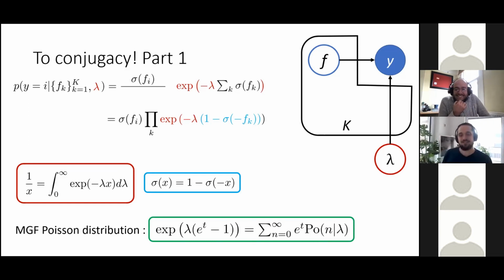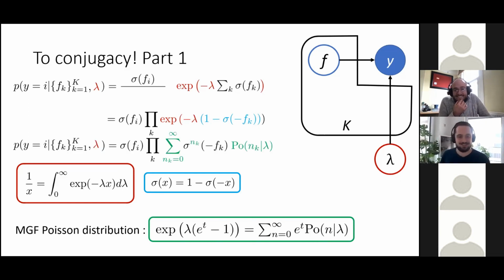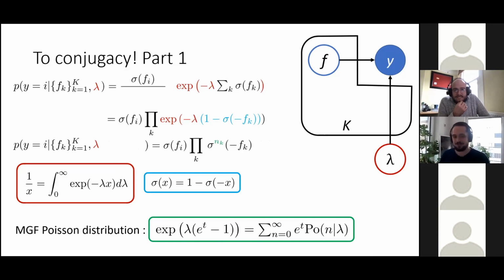So we just replace it. Now I have replaced my exponential by an infinite sum, but I don't like a sum. So I introduce n, n_k, which is my Poisson variable. It's just part of my model.